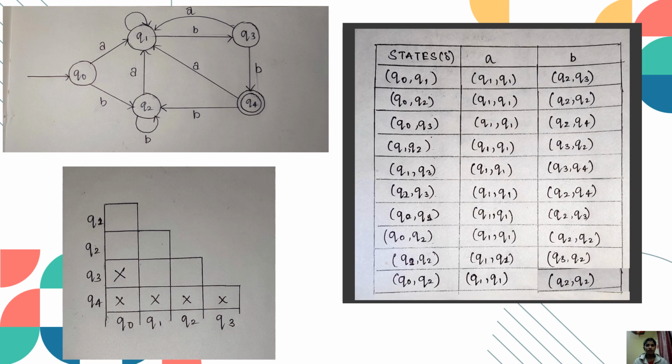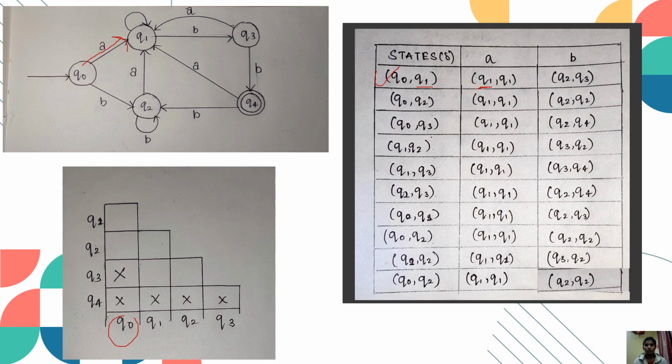So how to solve this table? First, we need to take the combination of Q0 and Q1. Now we have to check where Q0 reaches on A. When Q0 gets A, it reaches the Q1 state. So we'll write Q1 here. Next we'll check the same for Q1. When Q1 gets A, it reaches Q1 only.